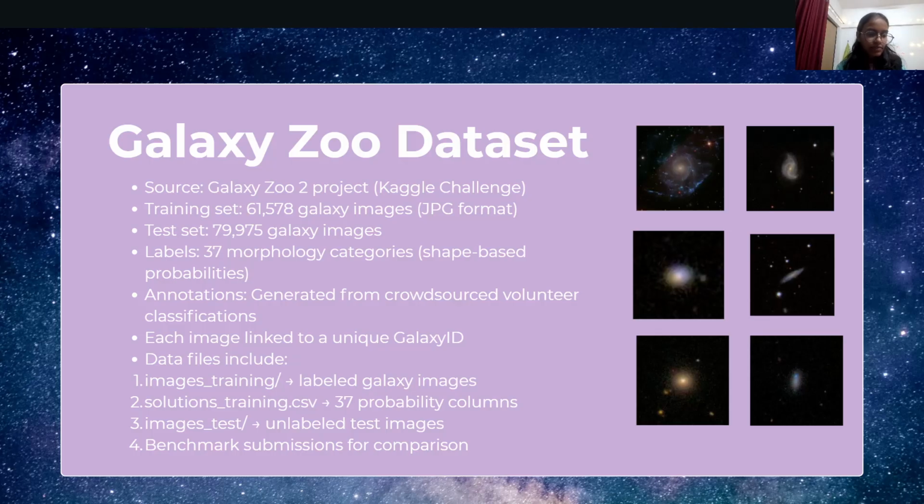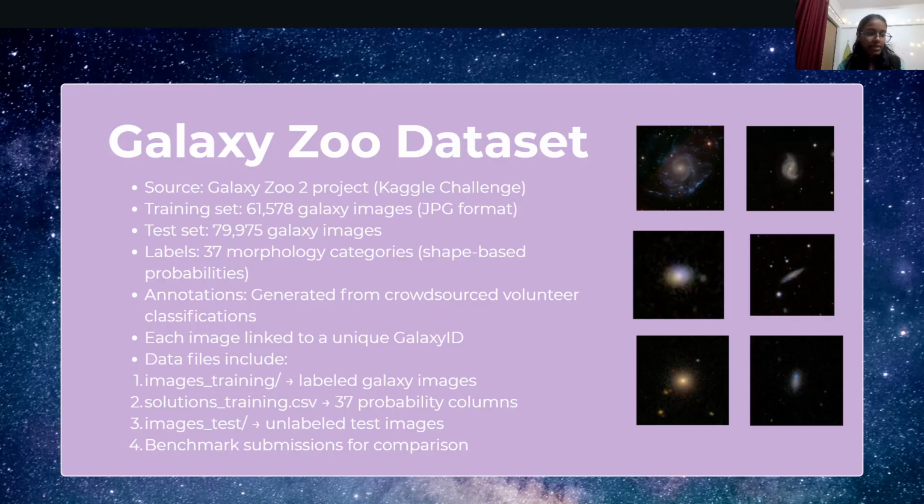These labels were generated through crowdsourced volunteer classifications, meaning thousands of volunteers helped categorize galaxies based on their appearance. Each image in the dataset is also linked to a unique galaxy ID, so we can track and map results easily. The dataset includes two main folders.